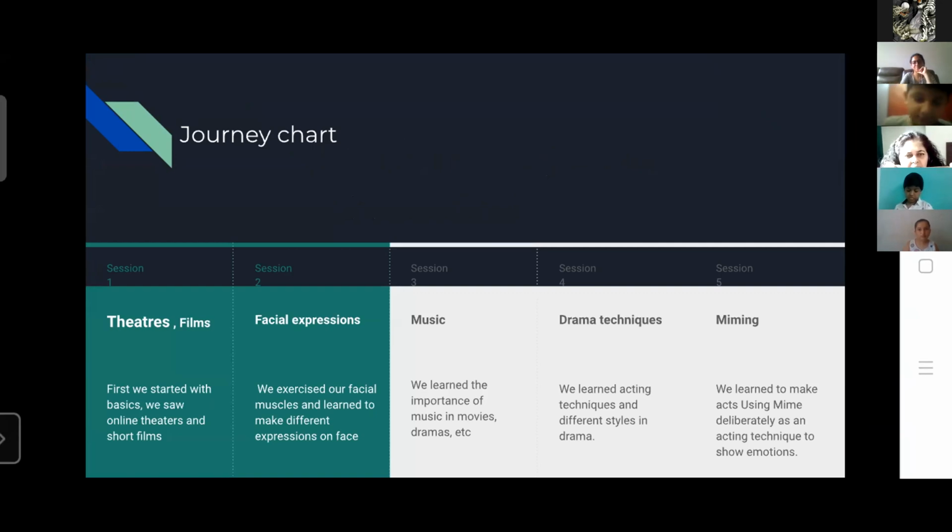Then in the third session, we learned music. Then in the fourth session, we learned how to do a drama on the base, where we just show our emotions and tell our talk.